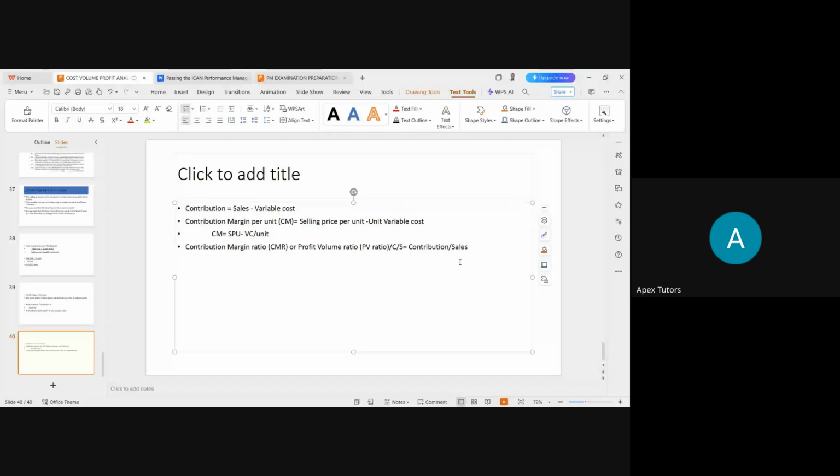So the margin of safety is a pointer to a risk that lies ahead, or a pointer that there's safety ahead and there's no risk.